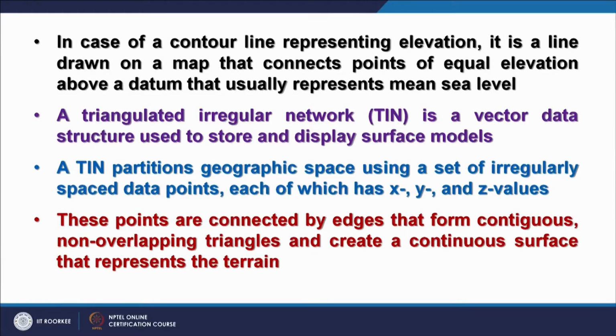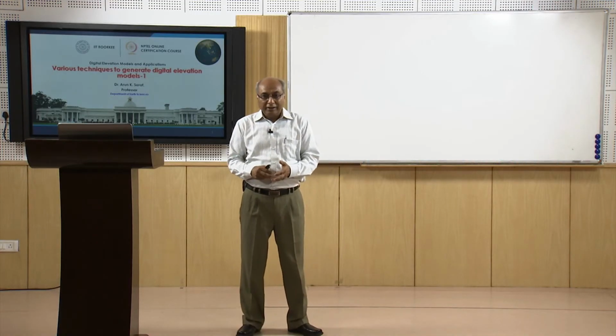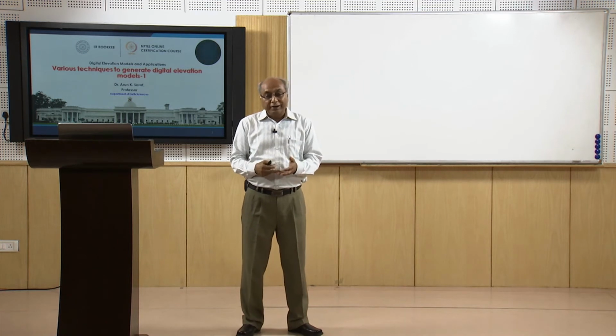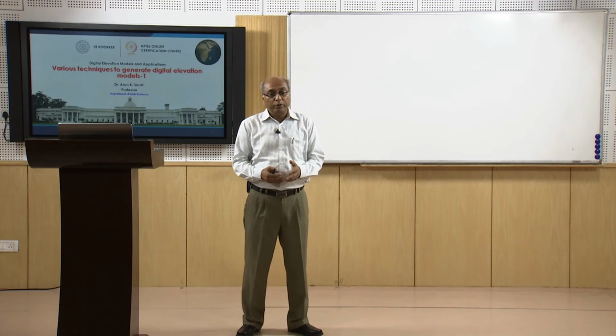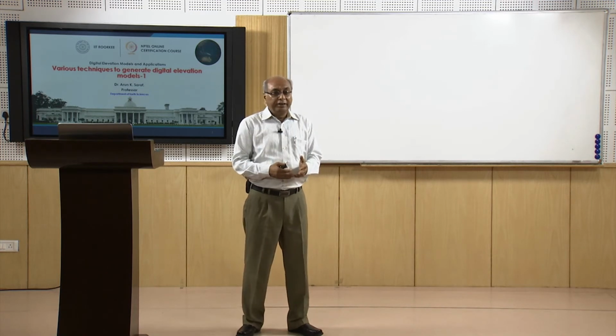In a TIN, the points are connected by edges that form contiguous non-overlapping triangles and create a continuous surface that represents the terrain. Earlier we used simple contours, which is also a way of representing topography, but it is discrete.